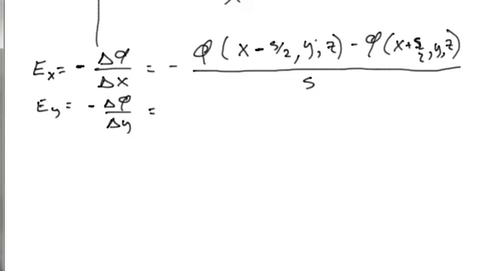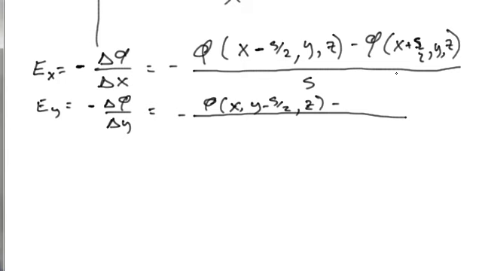So I want to step in the y direction from a little bit before the value of y to a little bit after. So it'll be minus this fraction, phi of x comma y minus s over 2, half a step, comma z, and then minus, I think I went the wrong way.